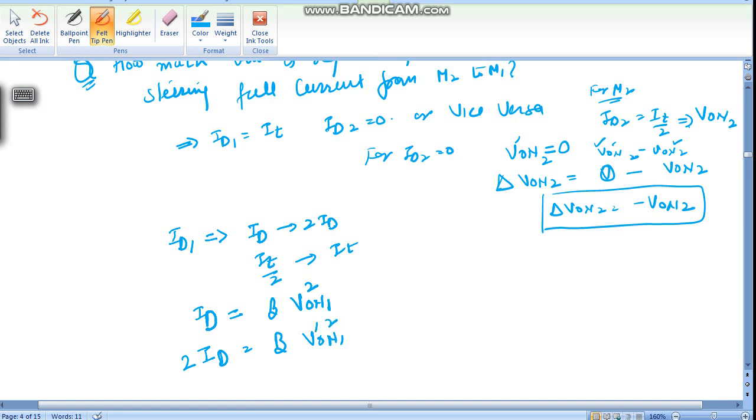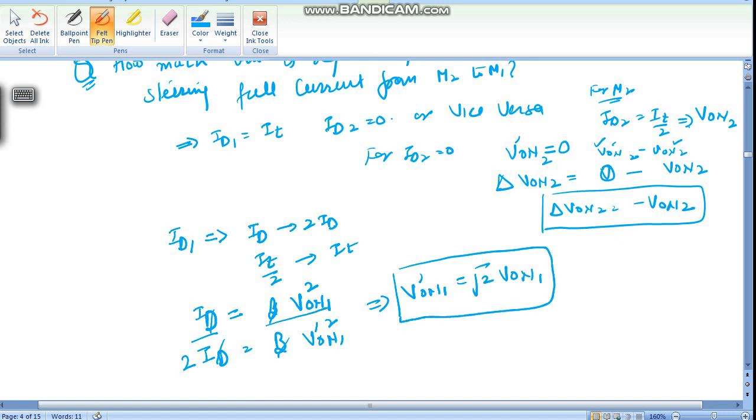This is our new value. If we divide both, it will give new V on 1 dash equals square root of 2 V on 1. So this is our new V on value.